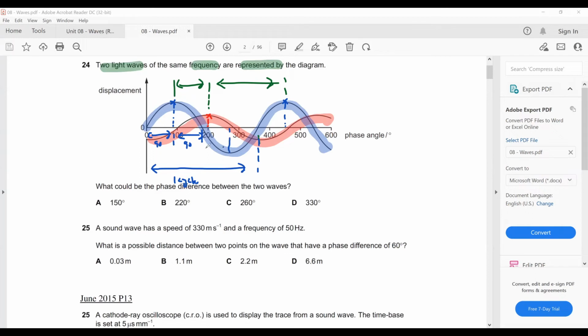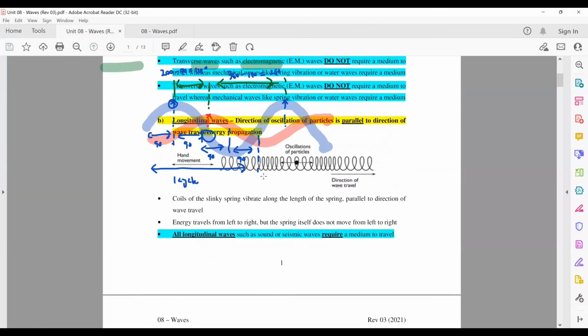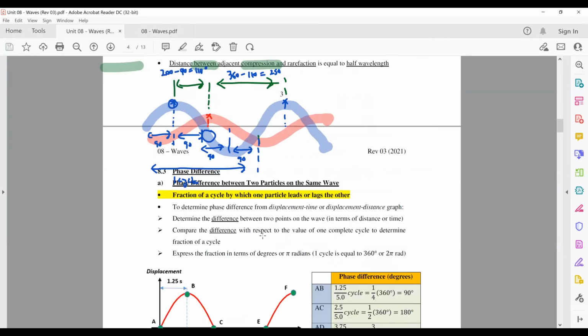And this part here would be 90 and 90. Right? This one is 200. This one here is actually 200 minus 90, giving me 110 degrees. This one here should be 360 minus 110, giving you 250 degrees. Okay, there's some mistake here just now with what I explained. Just now in the notes, there was one example, right?